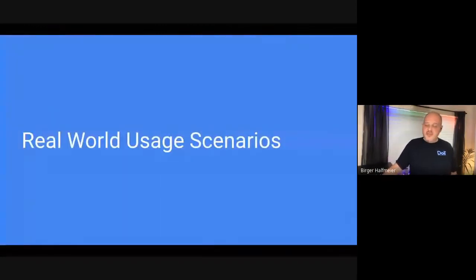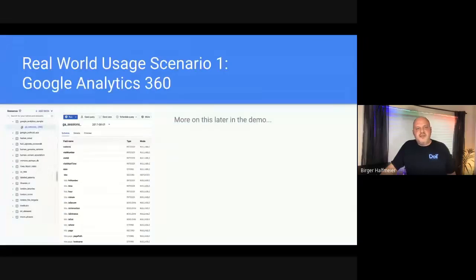So the first common real-world usage scenario, I'm sure some people on the call have seen this, is GA360 or whatever it's called these days. It's quite a complex schema. It's a huge table with lots of nesting and attributes.